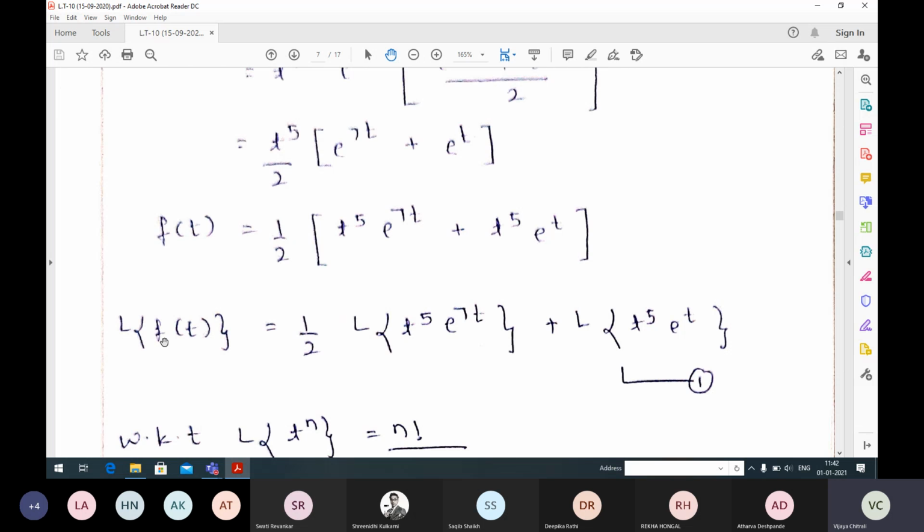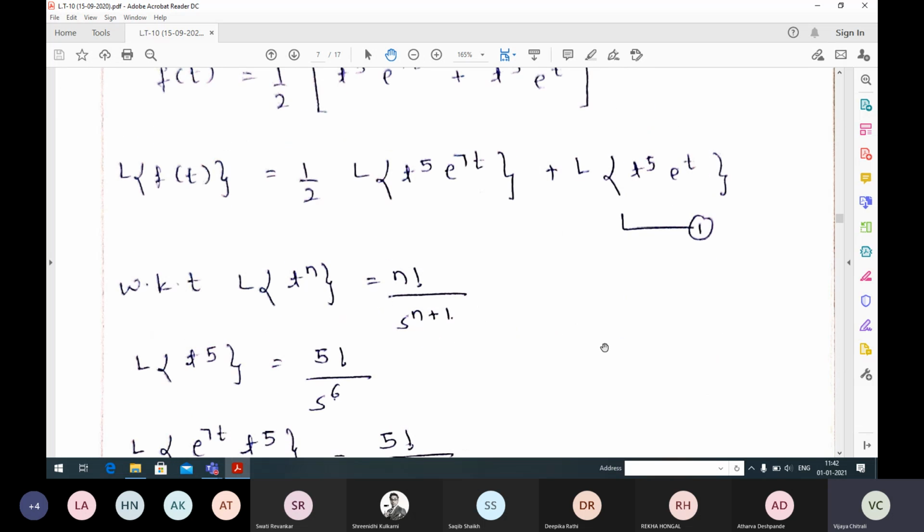So the Laplace transform of f of t is equal to 1 by 2 times the Laplace transform of t raised to 5 e raised to 7t plus the Laplace transform of t raised to 5 e raised to t. Take this as equation 1, right? First we need to find the Laplace transform of t raised to 5.